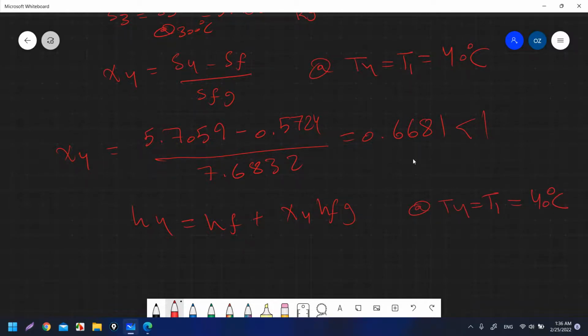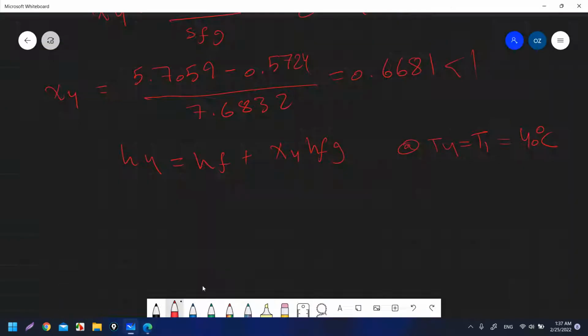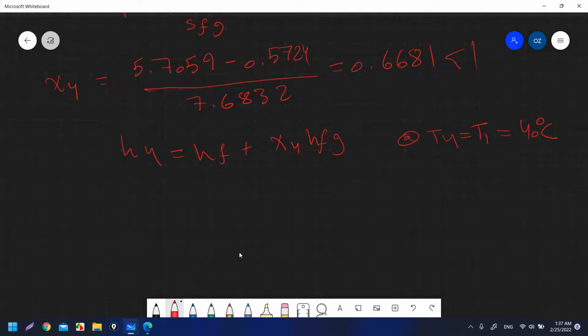We are calculating for 4, so we are using temperature 4. So also at the same temperature T equal to 40 degrees Celsius, we will find HF and HFG.